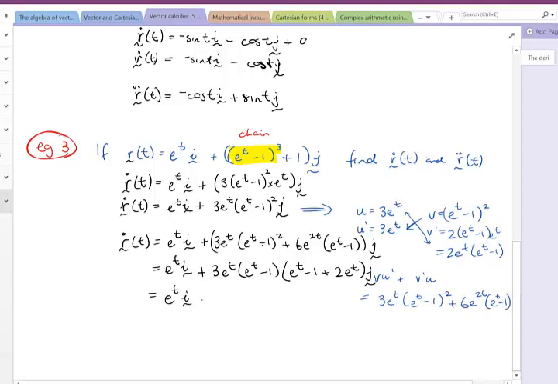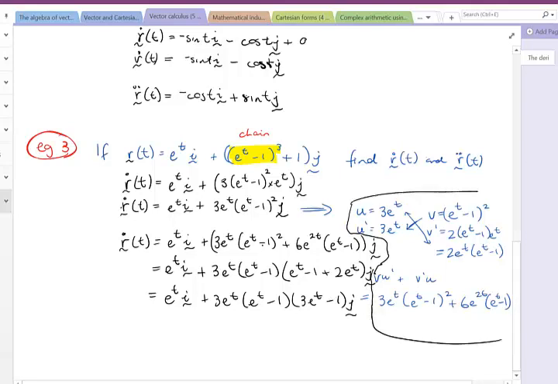And finally it simplifies down to 3e to the power of t, e to the power of t take 1, and 3e to the power of t take 1 in the j direction. Okay, and that's it. A nice challenging derivative.